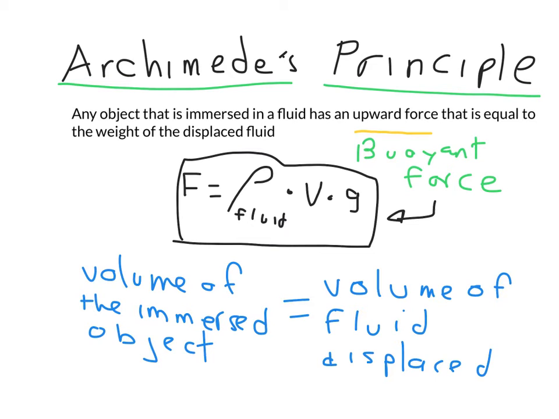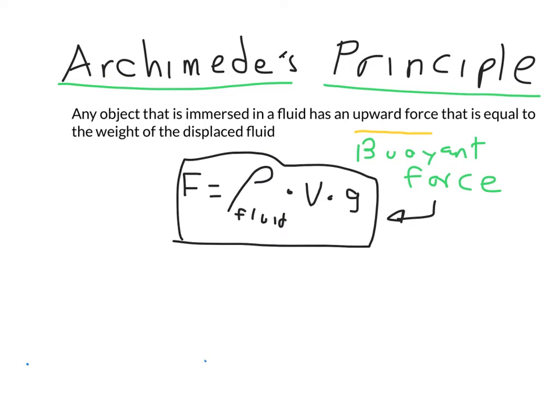And we also need to know another fact here, that is the weight of the object, because that's something on which it will depend whether the object sinks or floats. Remember that the weight is calculated like this: it's the mass times the acceleration of gravity, where we use 9.8 meters per square second.